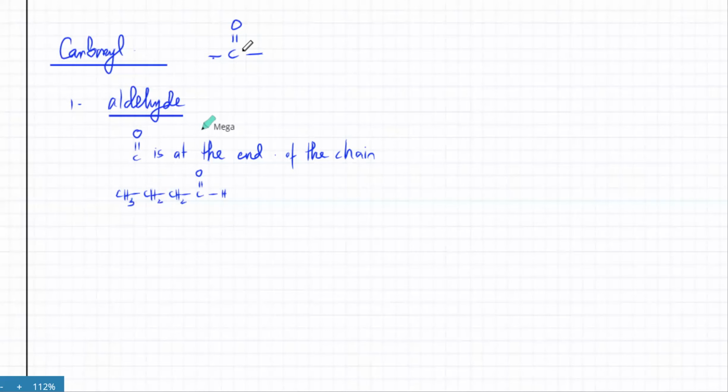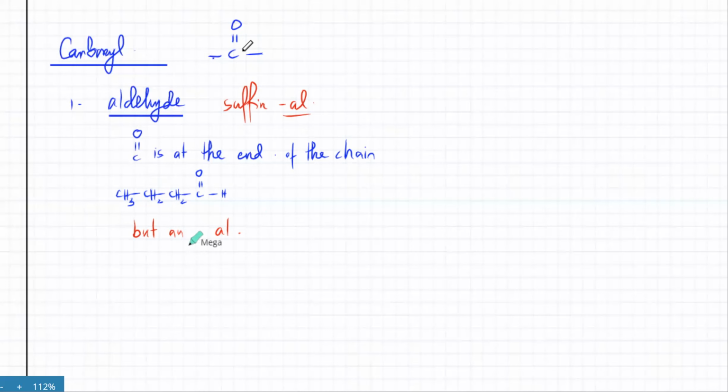And the suffix in this case would be -al. That's the suffix. So the name of this molecule is going to be but, an, followed by al. So it's going to be butanal.